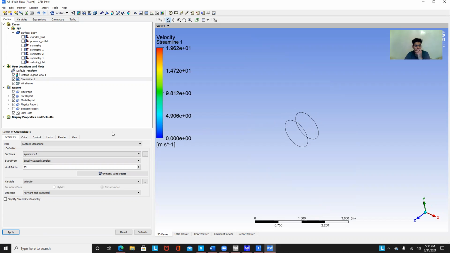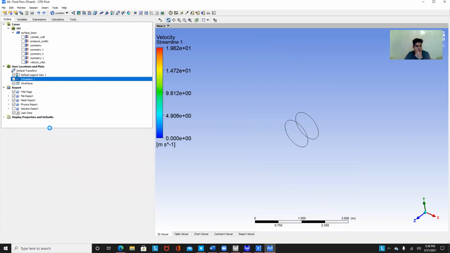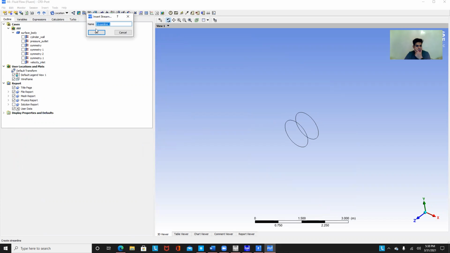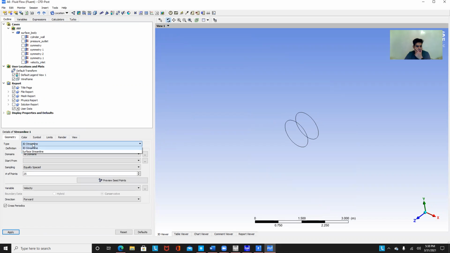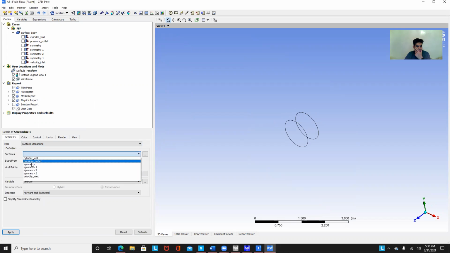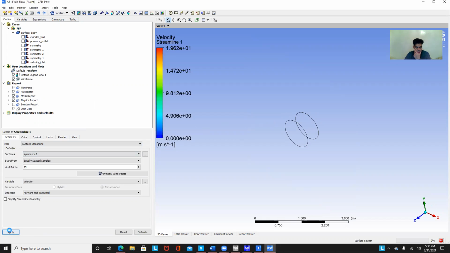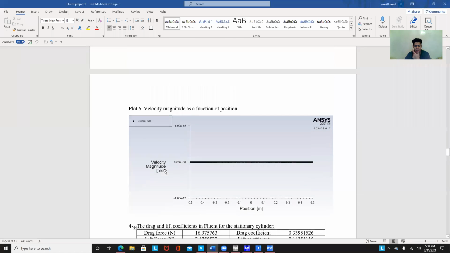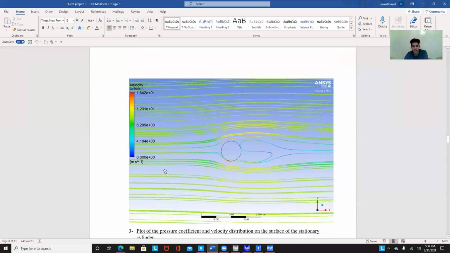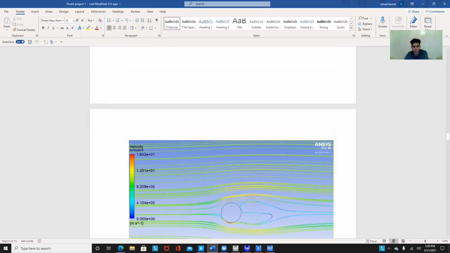I don't know, it's not showing me. I'm just gonna delete it again. Go to my streamline over here. Anyhow, it should be showing the velocity streamline. I'm just gonna be showing it over here, but that's how you should be finding the velocity streamline.